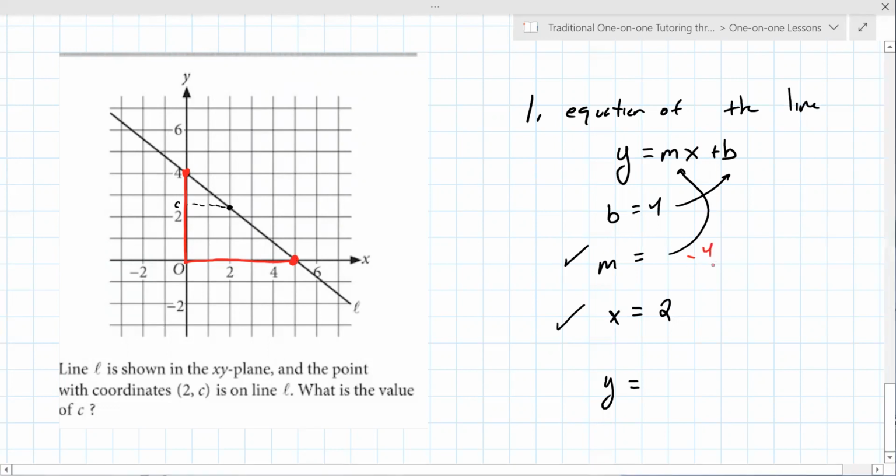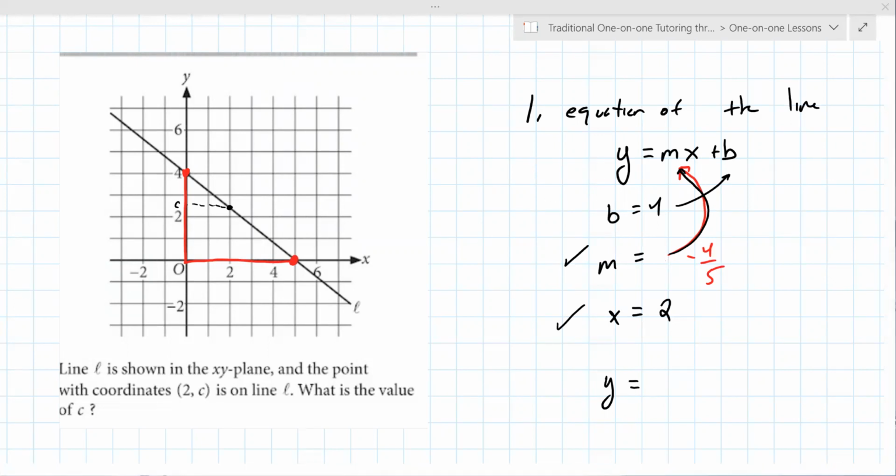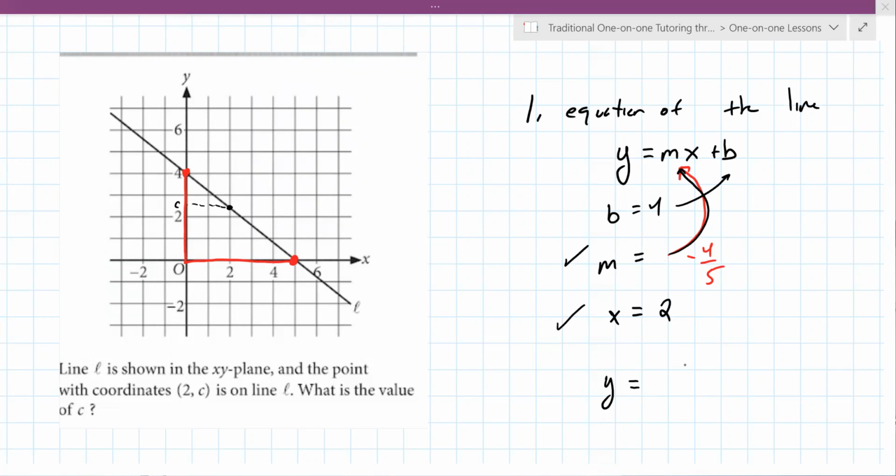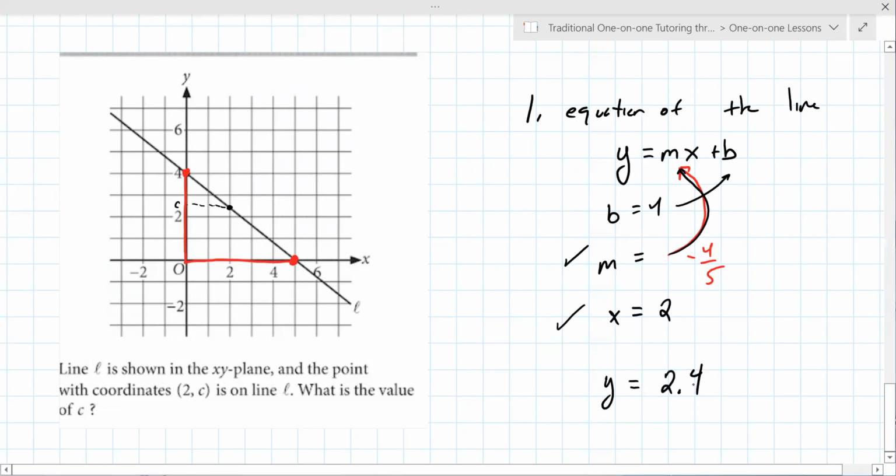Okay. So you're going to put that back into the equation. For m, you have your b value, and you're going to use x equals 2. You're welcome to use a calculator, because I believe you'll have one for this part of the test if needed. 2.4. Yes. Okay.